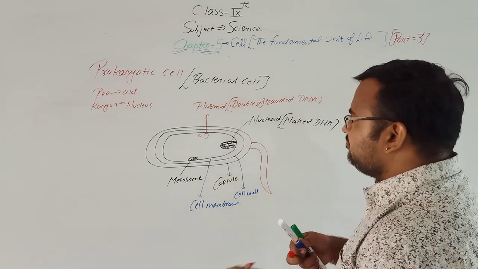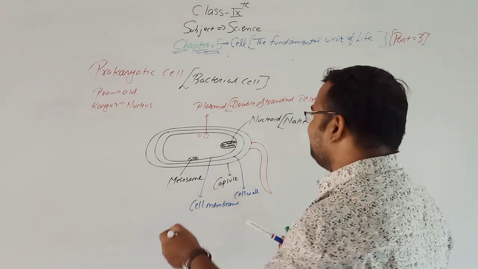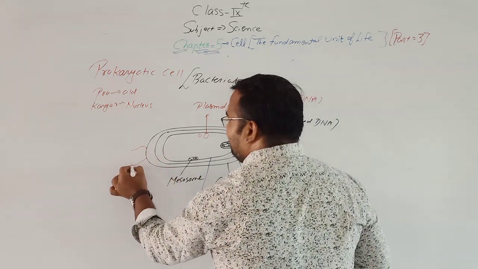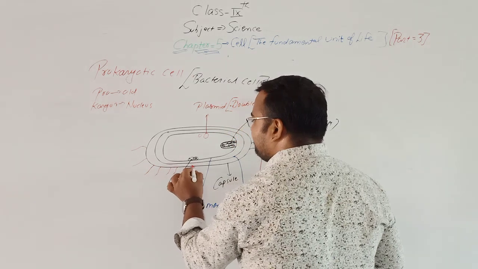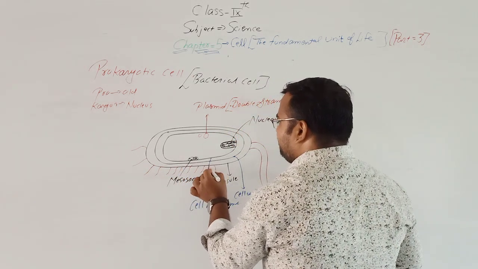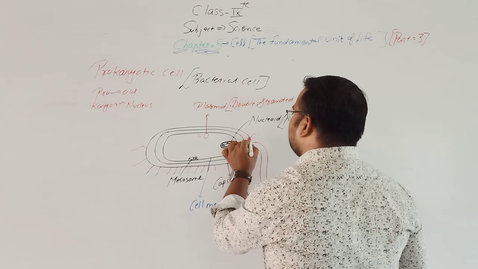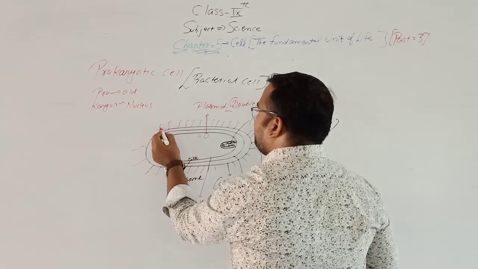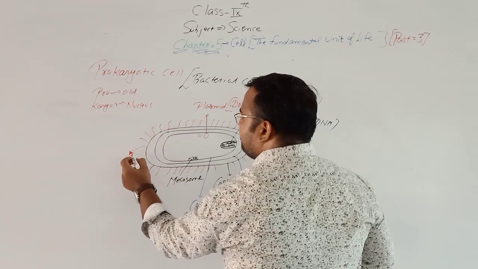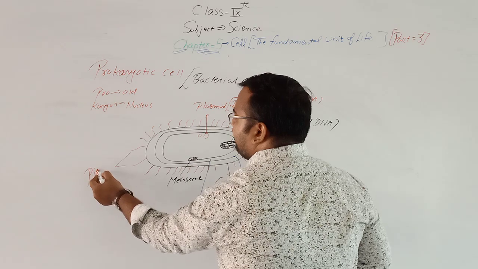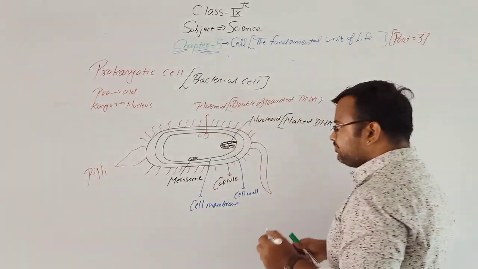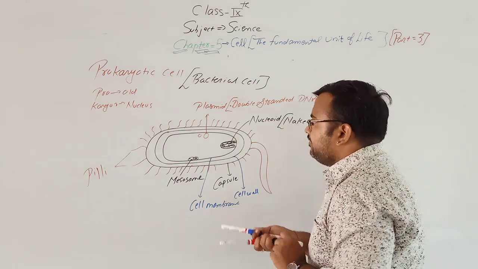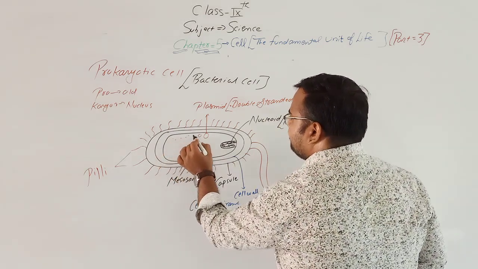Now there are some hair-like projections throughout the capsule, and these hair-like structures are known as villi. Now we draw the cytoplasm.